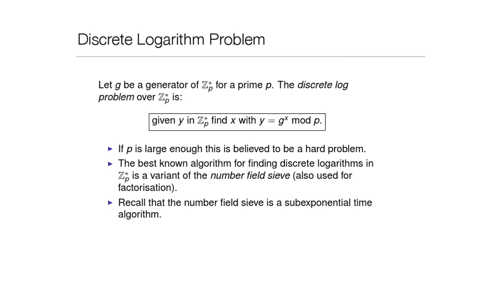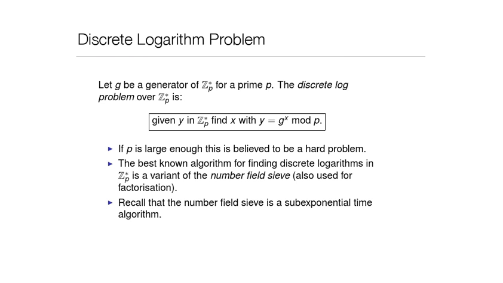The available solutions are difficult to compute within our computational limit. So if p is large enough, this is believed to be a hard problem. This is the core, or the base, of discrete logarithm ciphers. Based on this discrete logarithm problem, we build up the ciphers.